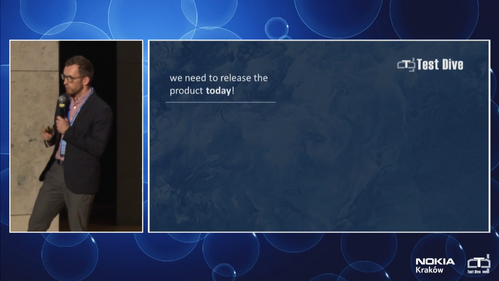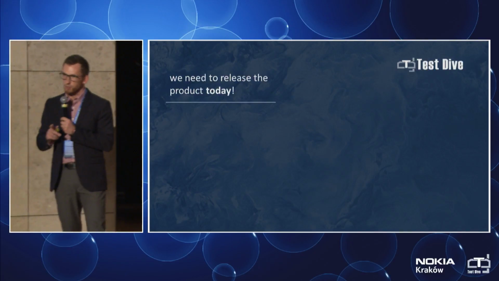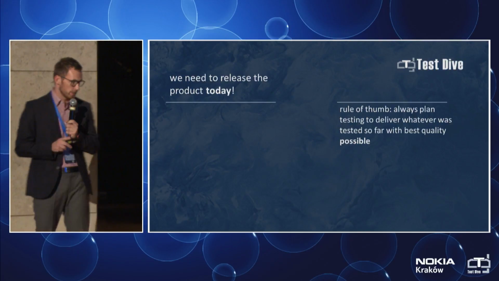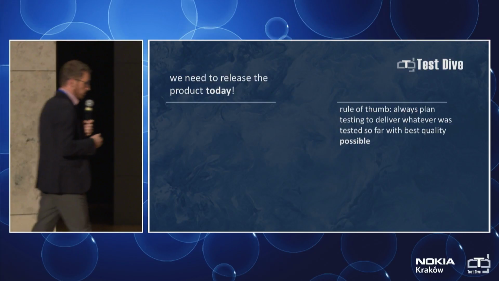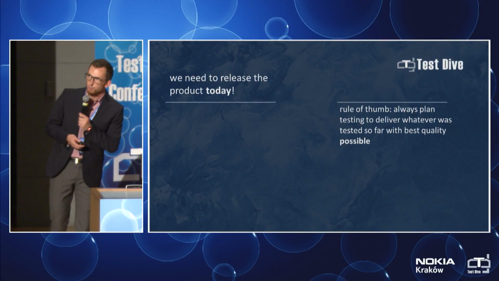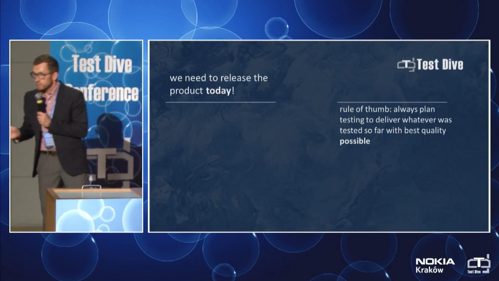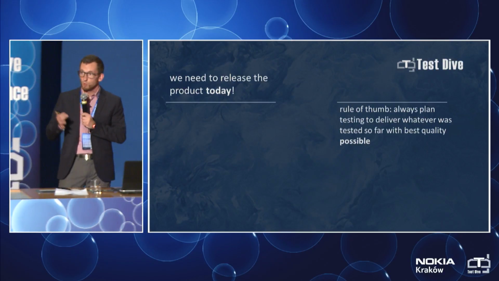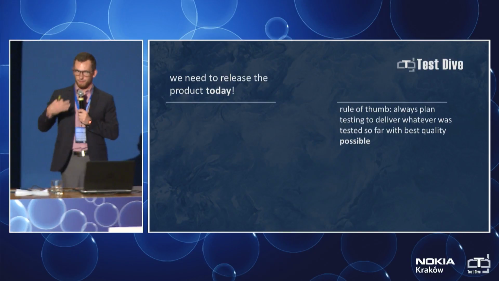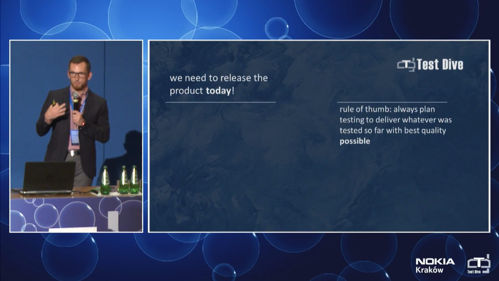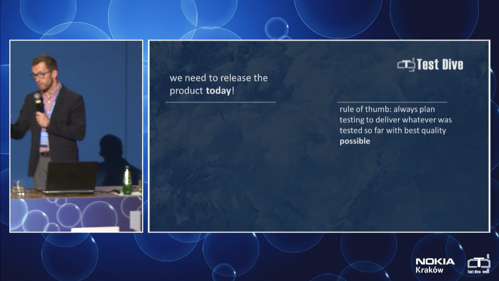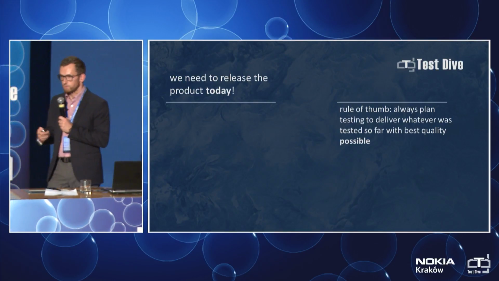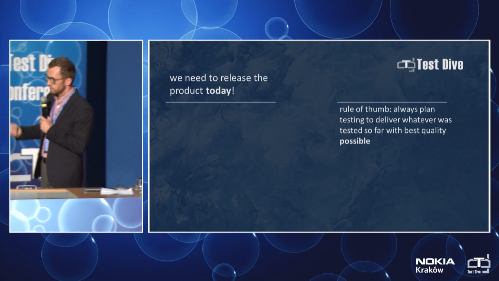Now, if you have done your test planning correctly, nothing bad will happen, because you should be able to tell your boss, okay, let's release it. As of today, it's the best quality we can have today. It's not the best quality ever that the product gets, but it's the best quality that we can get today. That's a kind of rule of thumb in test planning.